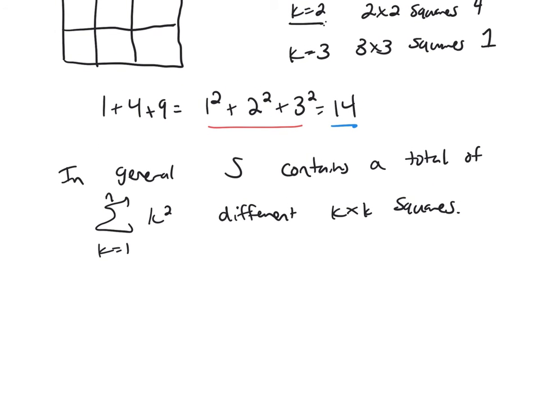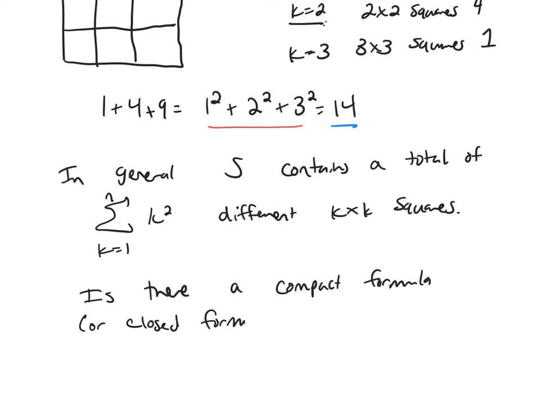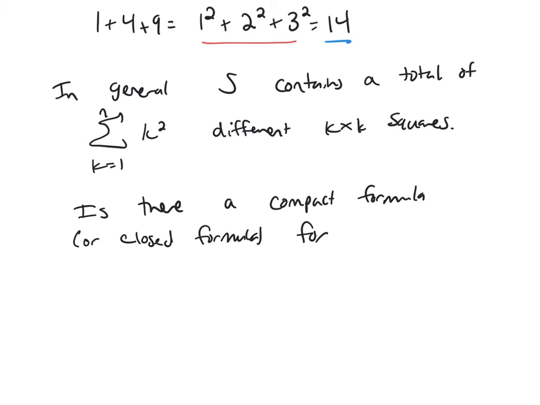And so now what I want to know is, is there a compact formula? Sometimes this is also called a closed formula for the summation k equals 1 to n of k squared?